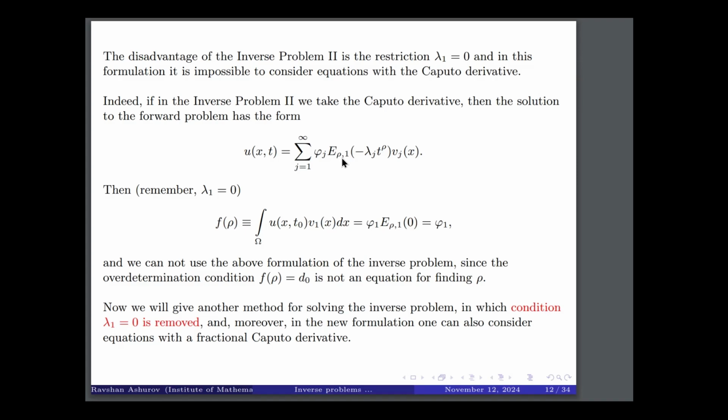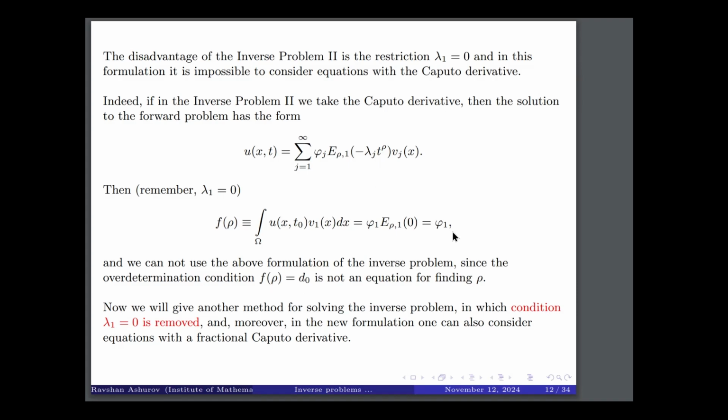You see here the Mittag-Leffler function with rho 1, just the classical one. That's why when the argument is 0, this is 1. So the equation to find rho doesn't contain rho. That's why in the case of the Caputo derivative, this method doesn't work.